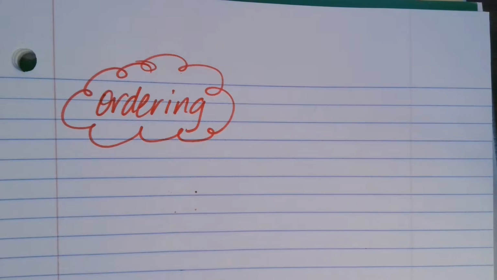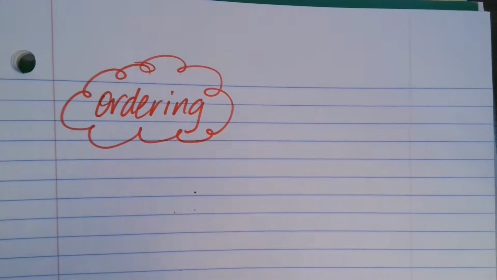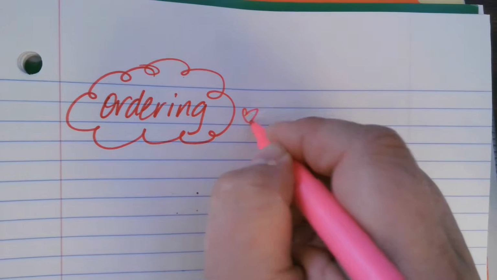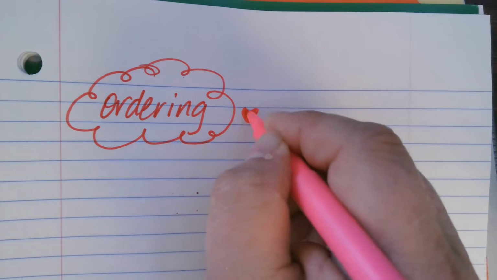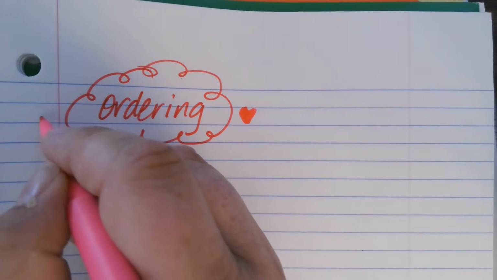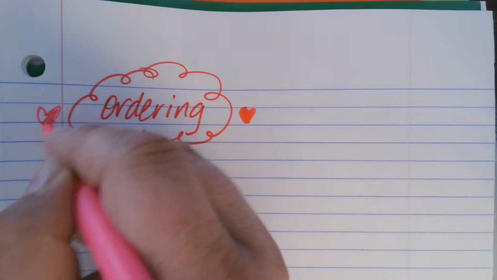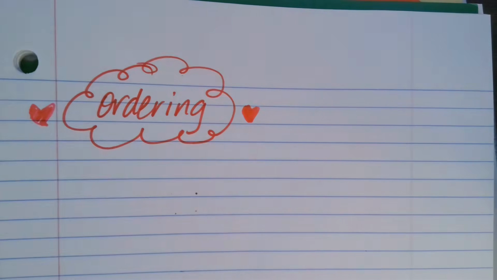I'm going to make mine girlified. I'm out of space. Now remember that my notes might be different than your notes. But yes, go ahead and put yourself a little heart there. Maybe a little heart over there. No, it's in there already. It's comparing and ordering, so we're just continuing.